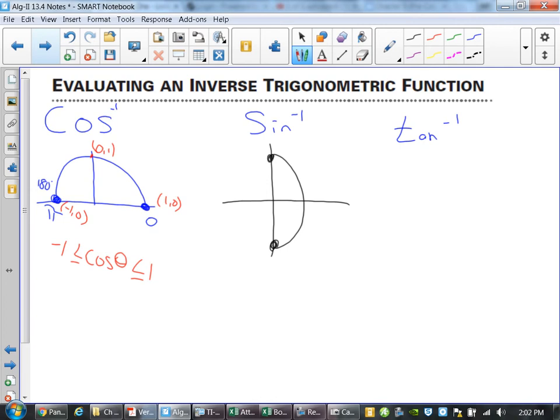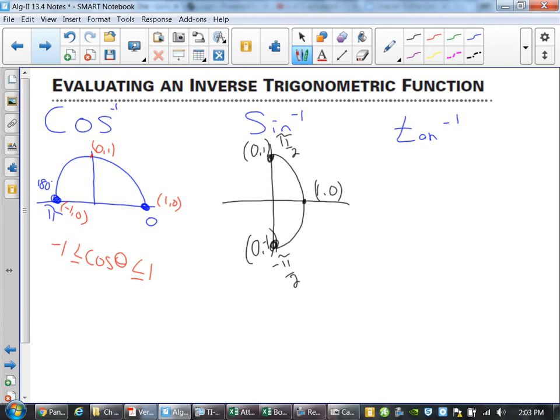Since it's continuous from positive to negative, they call it from pi over 2 to negative pi over 2. Okay? So all of your angle values are going to be between 90 and -90 degrees. So they go from 0, 1, to 0, -1, and obviously they become 1, 0.